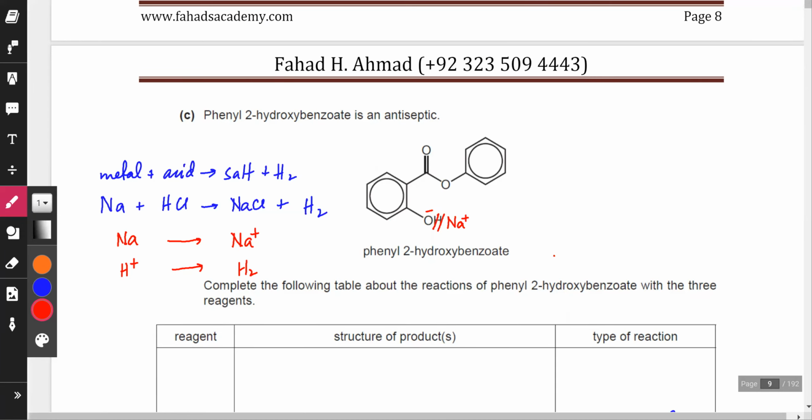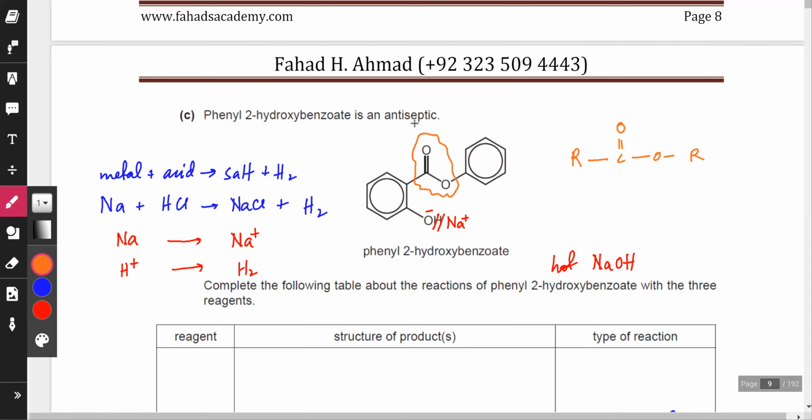So hot NaOH is being used. But the other thing is, you should also notice that there is an ester link, an ester group. So I'm not going to draw the whole molecule. Think of the benzene as R groups. There's an ester link in the middle.